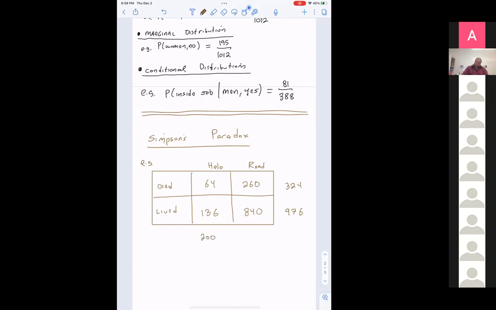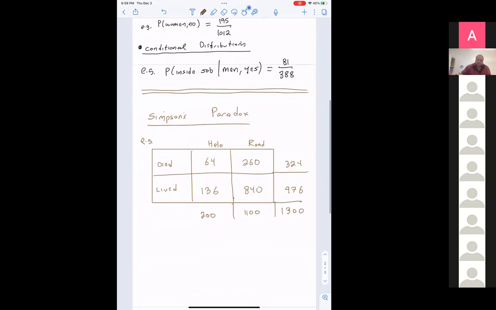How many people went by road in this study? 1100. Oh, sorry, no. And therefore, how many people overall were in this study? We'll say 1,300. Okay. So this is my data.